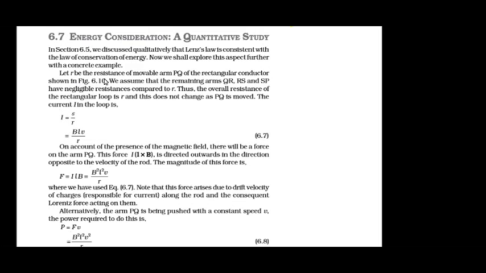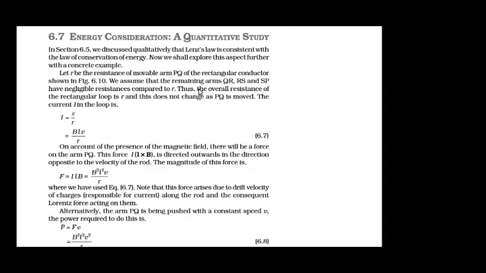Let R be the resistance of a movable arm PQ of the rectangular conductor shown in figure 6.10. We'll see the figure later. First, read what is there in the figure.